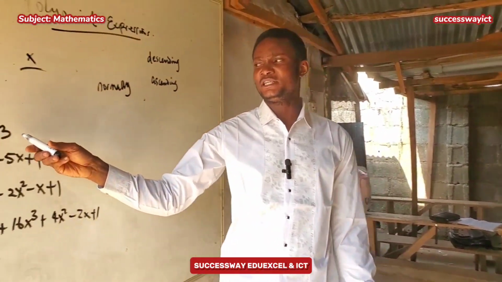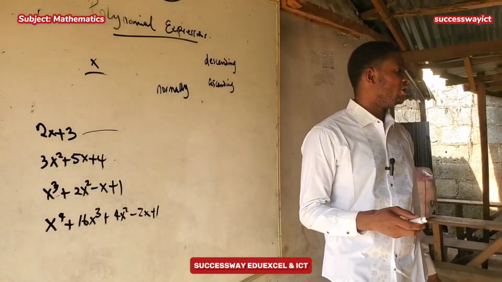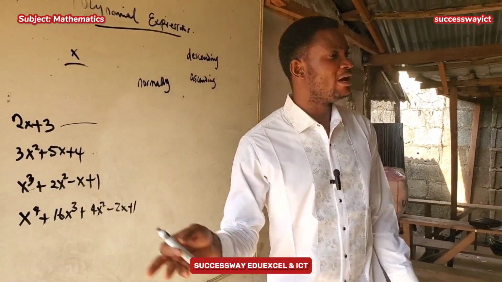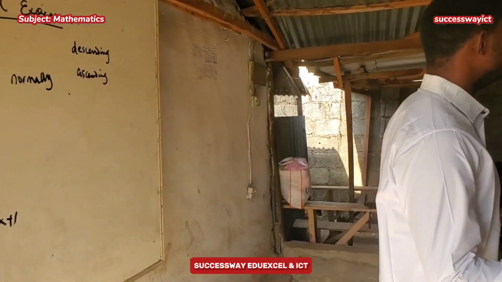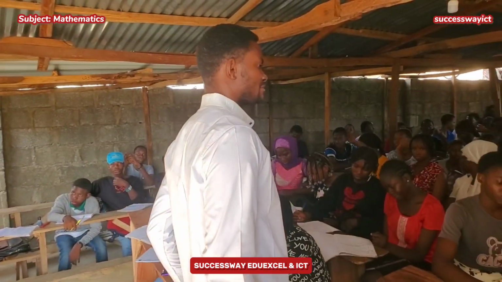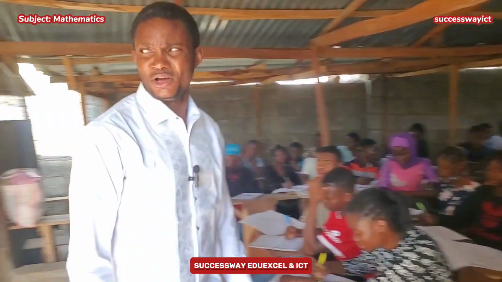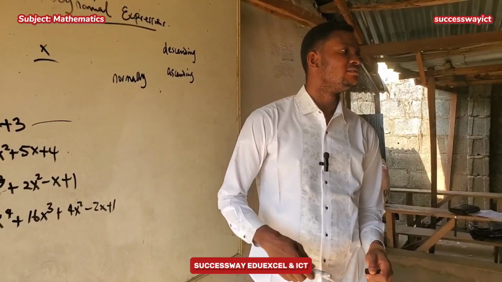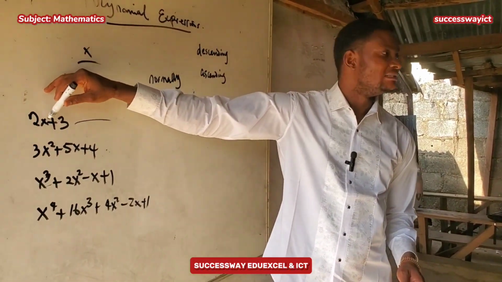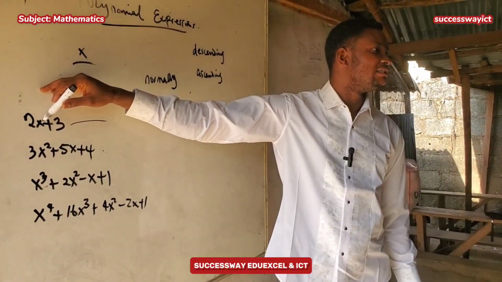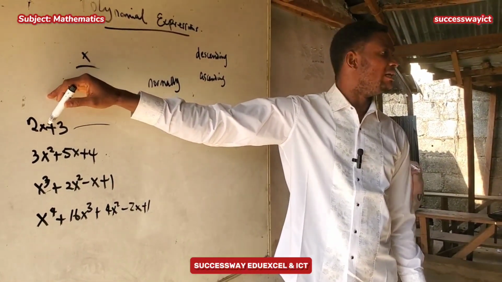This is a polynomial of degree 1. You can call it a polynomial of degree 1 or a linear expression, because the highest power is degree 1.